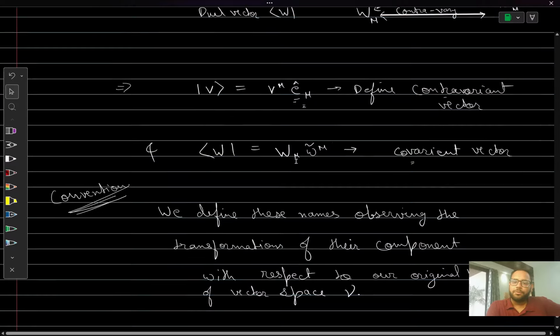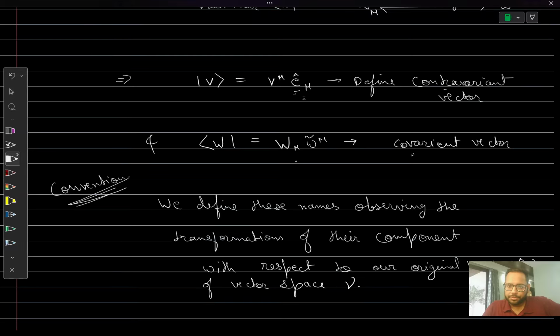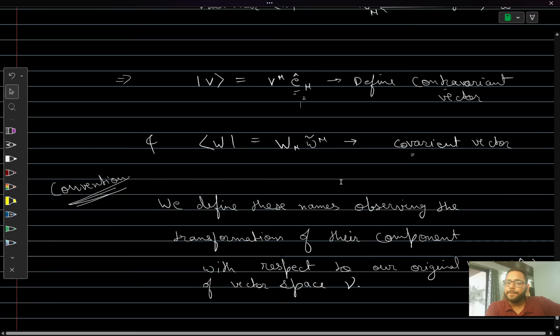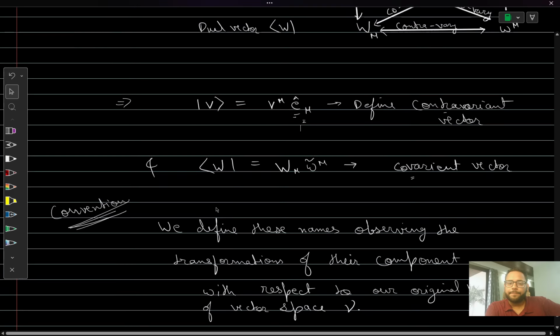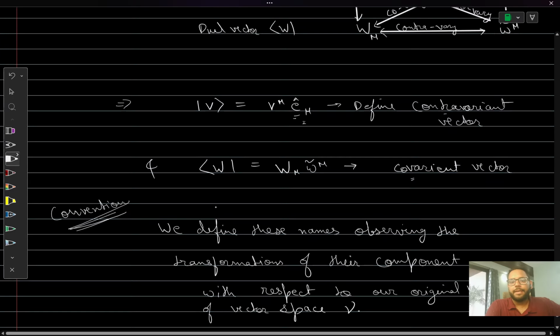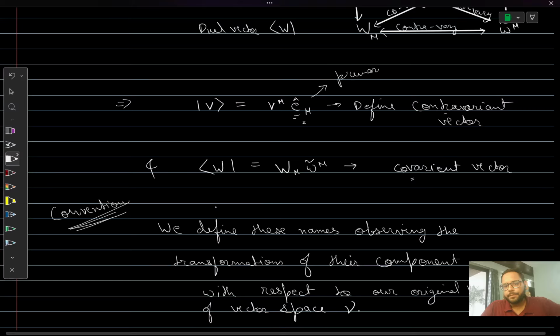Another reason is that in the previous class we saw that the basis of the dual space can be calculated from the basis of the original vector space by the orthogonality condition. So you take this as the primary basis, and with respect to this I define things.